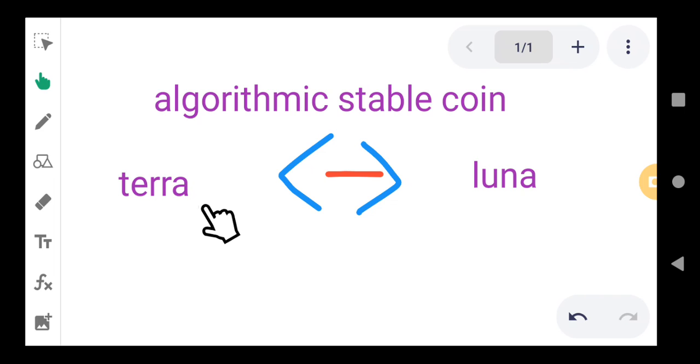They will actually sell Terra. If they have Terra, they will sell Terra. If they have Luna, they will either sell Luna on the crypto exchange directly for US dollars, or exchange Luna for $1 worth of Terra, and then sell the Terra on the crypto exchange.